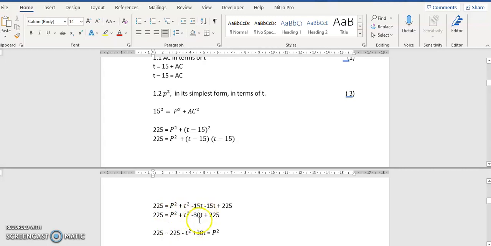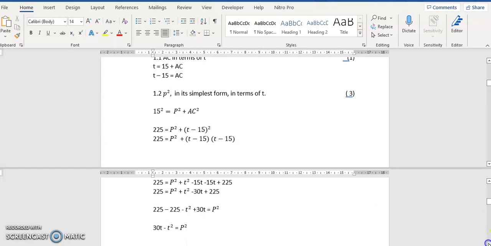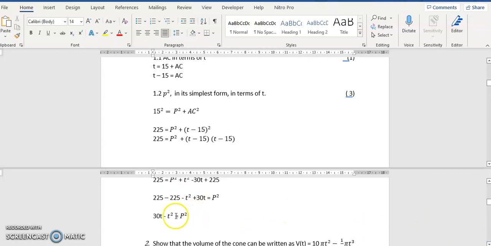Then minus 30T is going to be plus 30T. Then when you continue, we are going to have 30T. This will cancel to be 0, then minus T squared. So we have expressed P squared in terms of T in its simplest form.